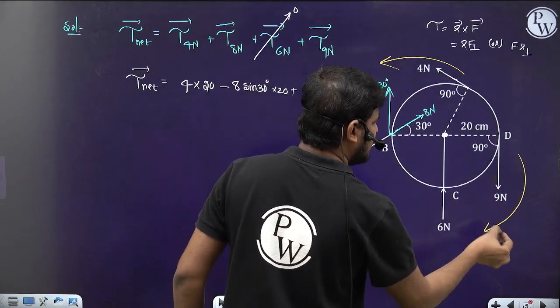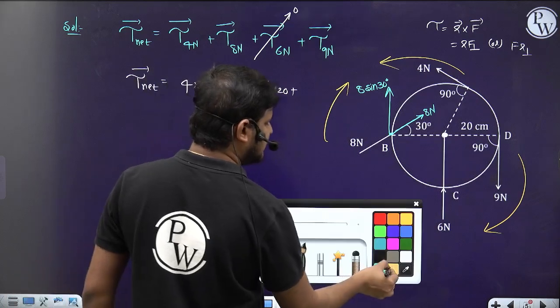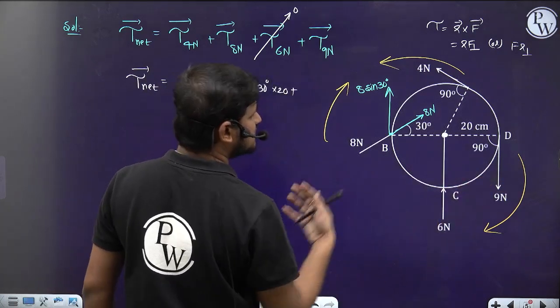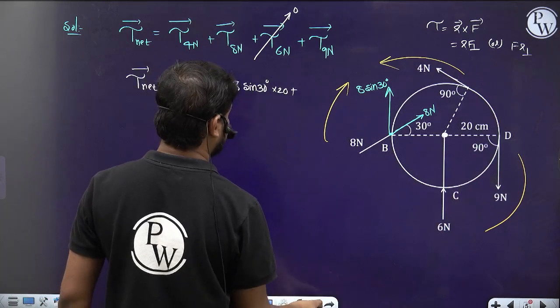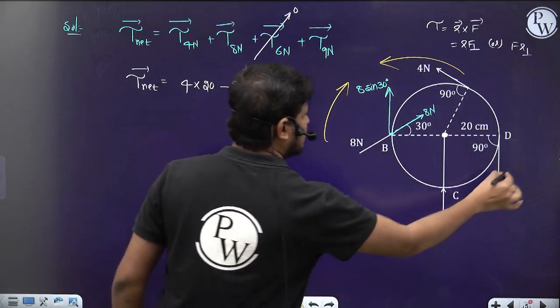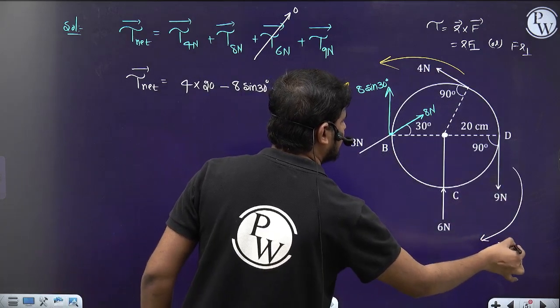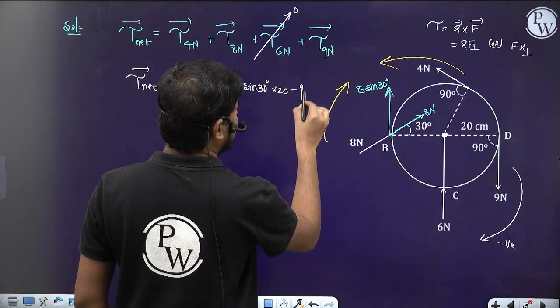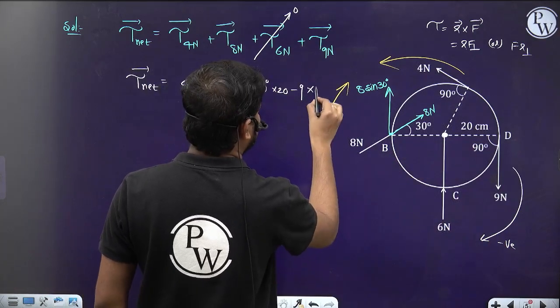And due to 9 newtons, the torque will be like this. As this is clockwise, this will be negative again. So what is the force? 9 into, what's the distance? 20. Yes or no?